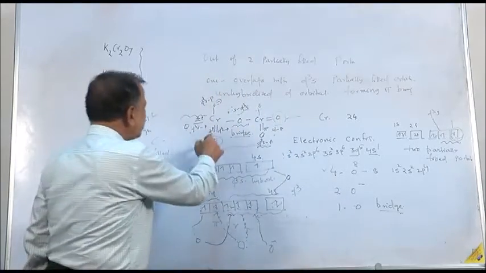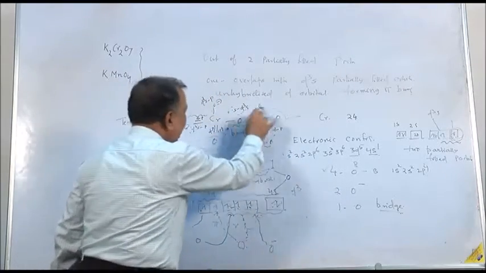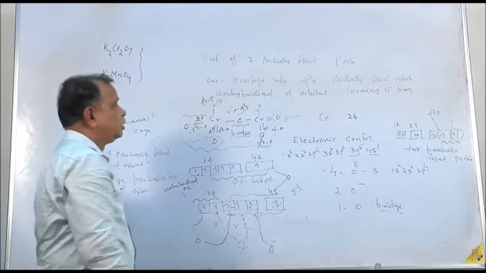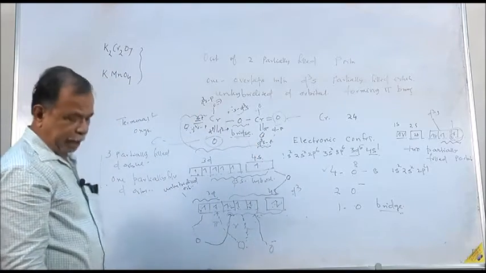So the two tetrahedral structures are joined by one bridging oxygen atom. This is the structure of potassium dichromate.